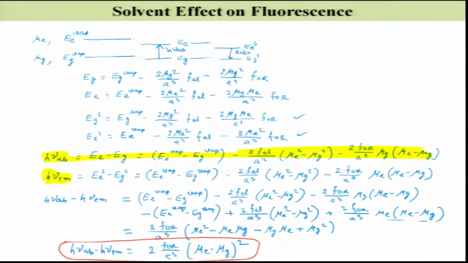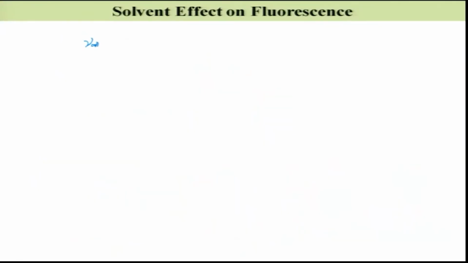So, now what I have: nu absorption minus nu emission is going to be equal to (mu E minus mu G) whole square by 2 a cube, and that h will come over here into F OR. And I know this F OR is equal to (epsilon minus 1) by (twice epsilon plus 1) minus (n square minus 1) by (twice n square plus 1), right.